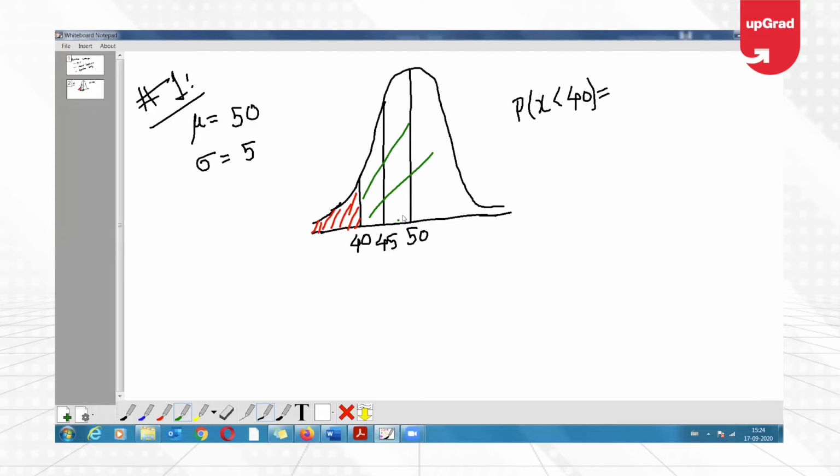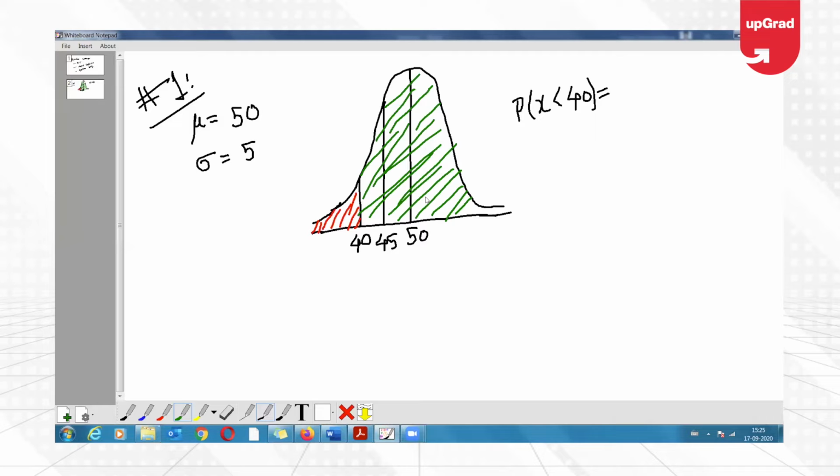If this is a normal distribution, it is more likely that the batsman is going to score mostly in this region, the region shaded in green here, right? Now let's find out what the probability is.